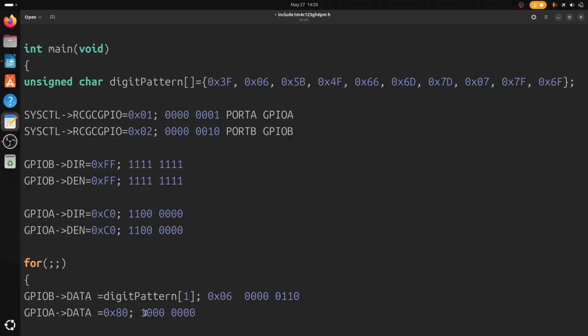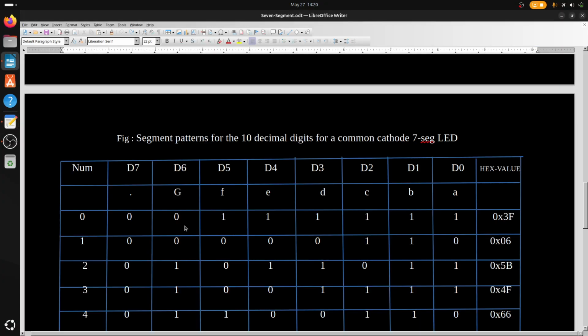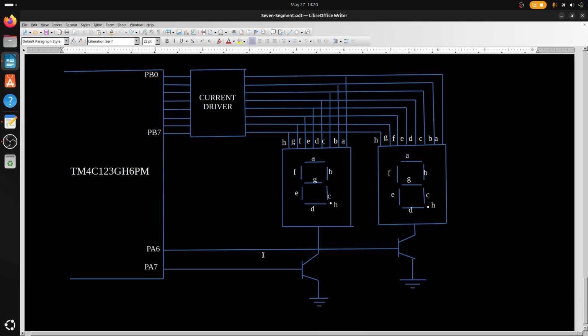So I set only pin number 7 on. Pin number 7 is on, means this one. I'm choosing this ones plus digit.